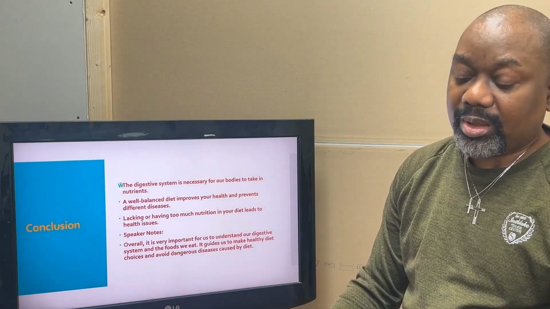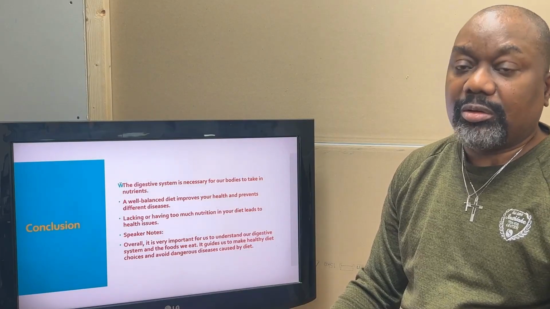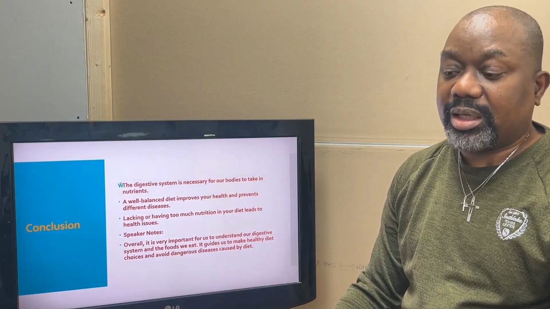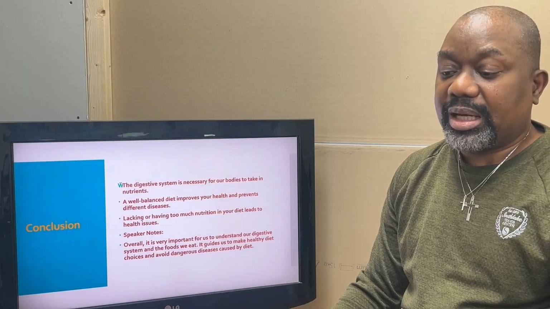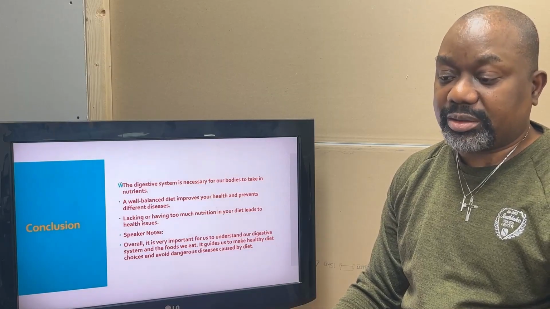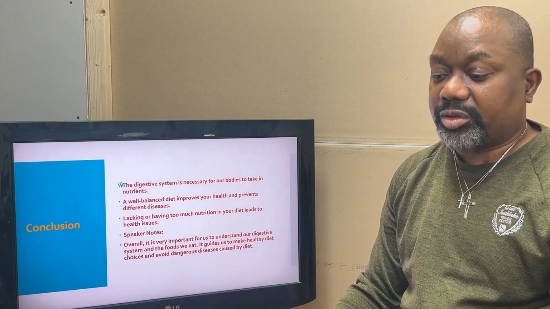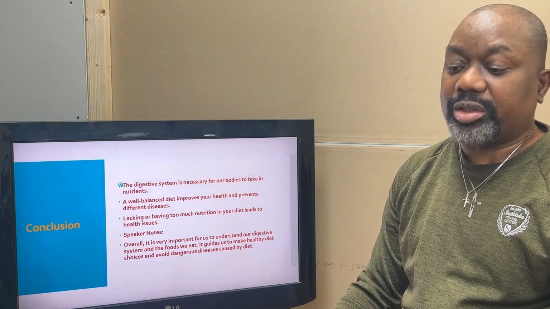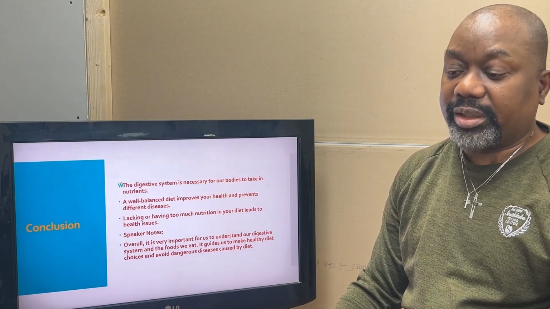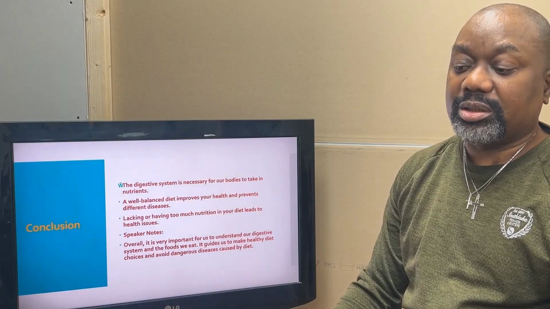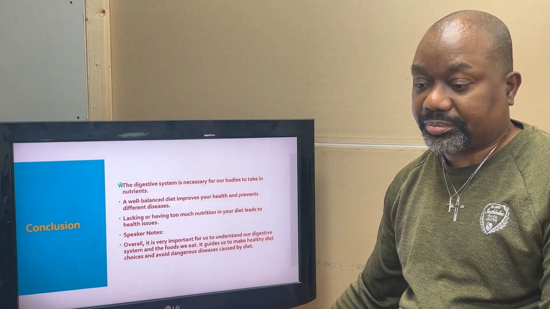Overall, it is very important for us to understand our digestive system and the food we eat. It guides us to make healthy diet choices and avoid dangerous diseases caused by diet.